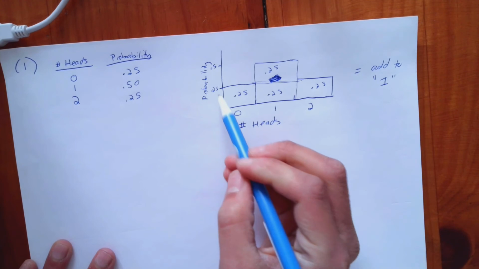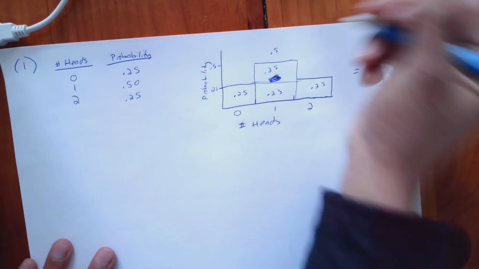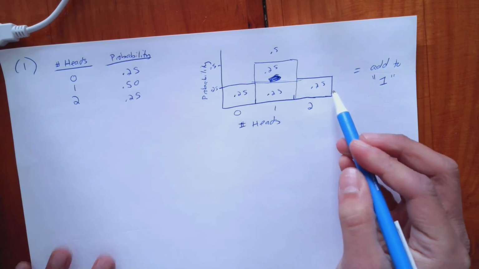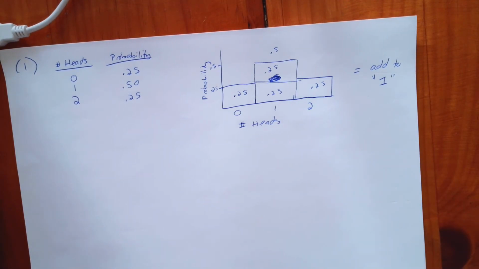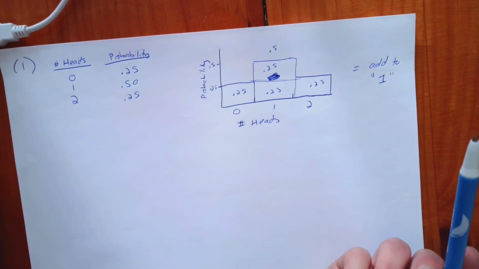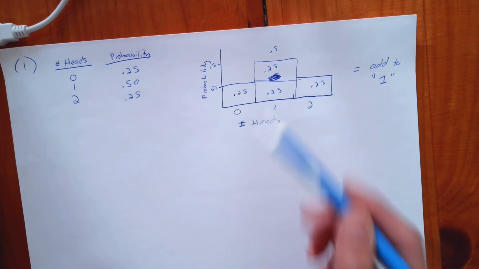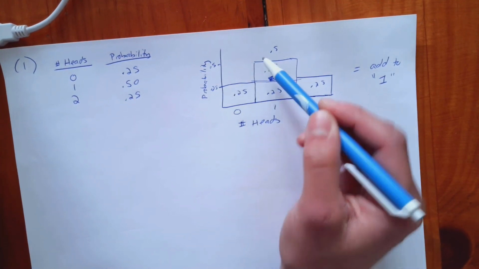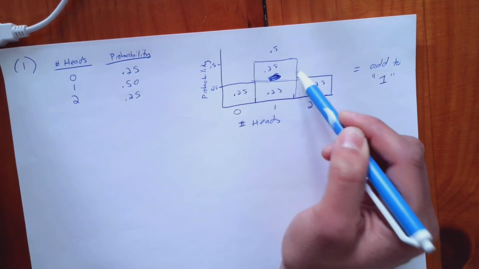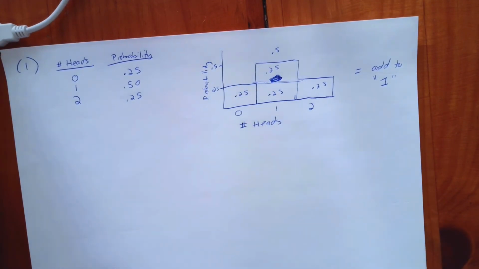So this bar that's 0.25 high, this bar that's 0.5 high, and this bar that's 0.25 high, however you want to divide this up, whether you're adding 0.25 to 0.5 to 0.25, or thinking of it in terms of building blocks of 0.25 each, however you're adding it up, you're going to get an area of 1.